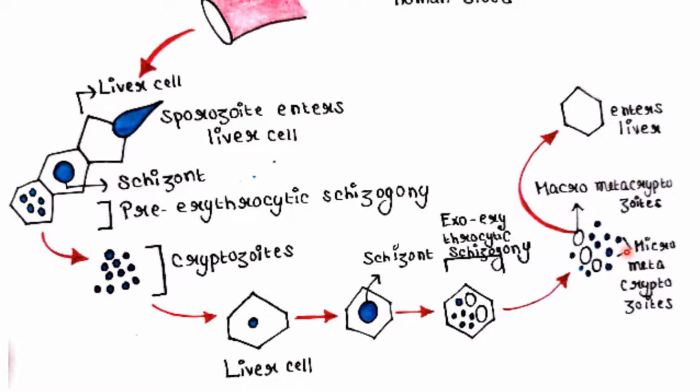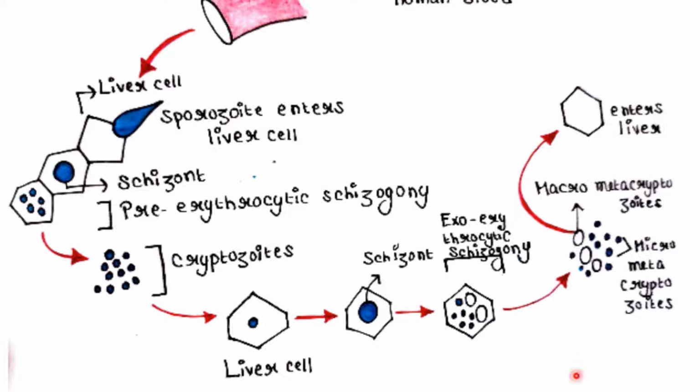These are numerous in number and smaller in size. And macrometacryptozoites are less in number. So, these bigger cells are macrometacryptozoites. They are less in number and bigger in size.